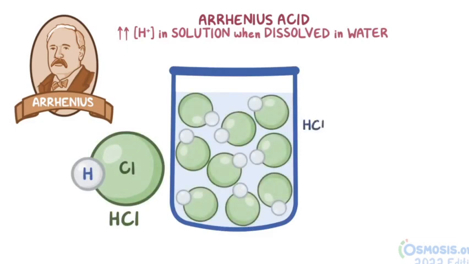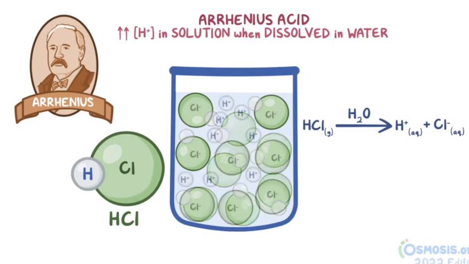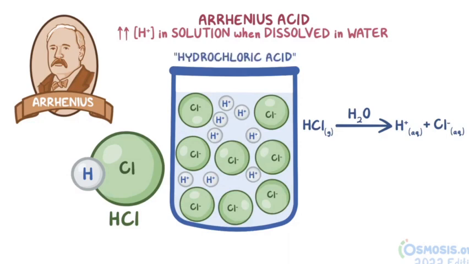When gaseous HCl dissolves in water, it forms hydrogen ions, H+, and chloride anions, Cl-, in aqueous solution. Since dissolving HCl in water increases the concentration of hydrogen ions in solution, HCl is an Arrhenius acid. An aqueous solution of HCl is called hydrochloric acid.